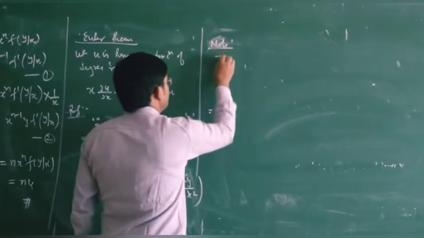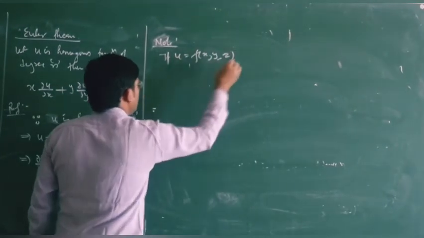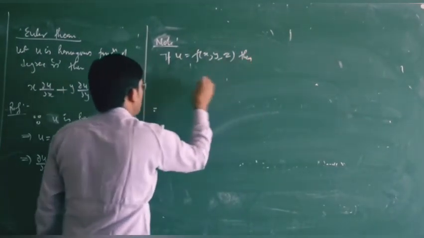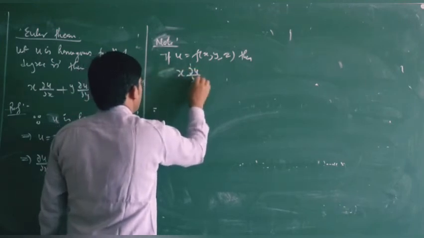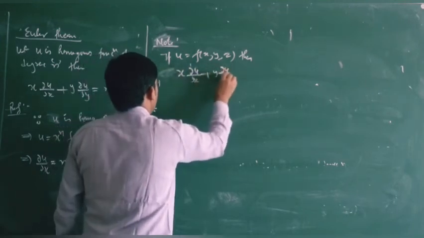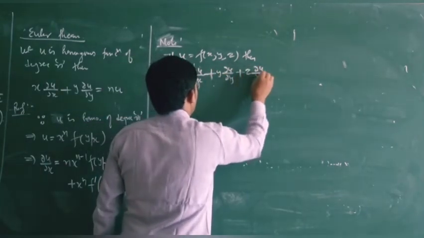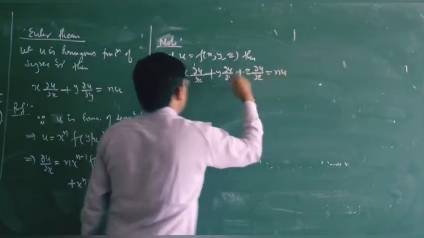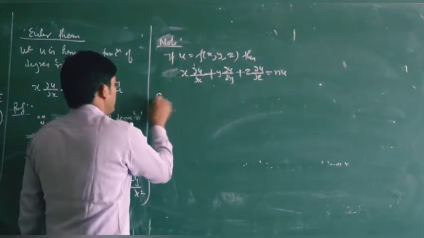So if u is a function of x, y and z, then Euler's theorem is x ∂u/∂x + y ∂u/∂y + z ∂u/∂z = n u, and we can generalize this result. Now let us verify this theorem.